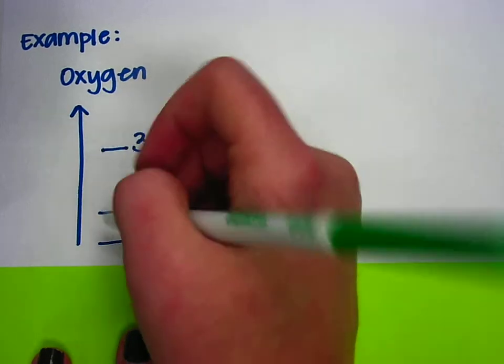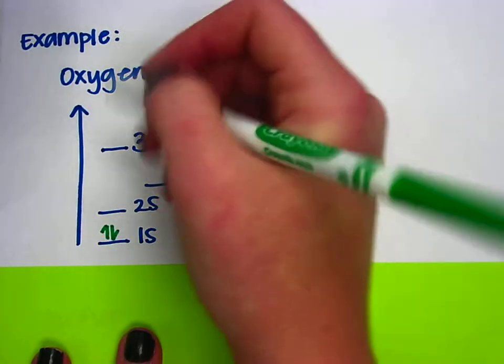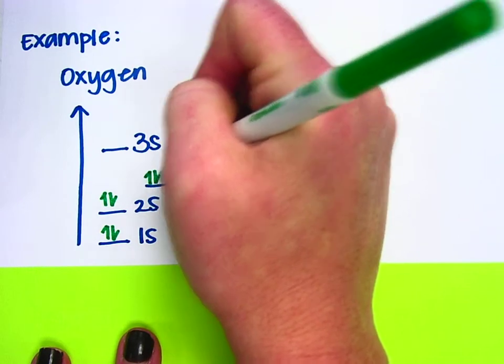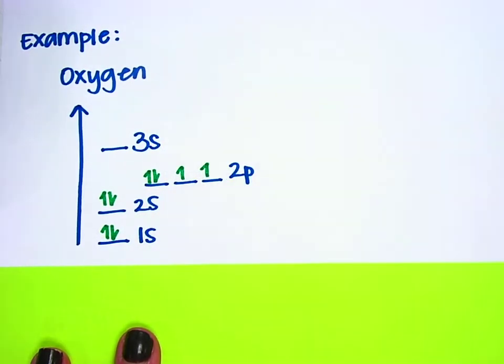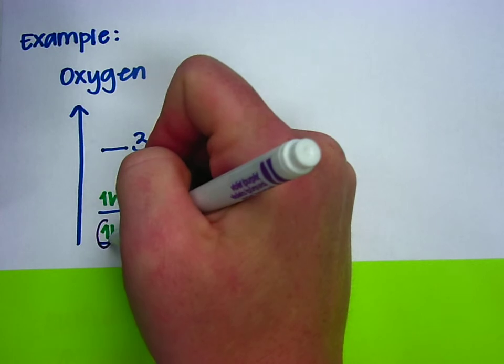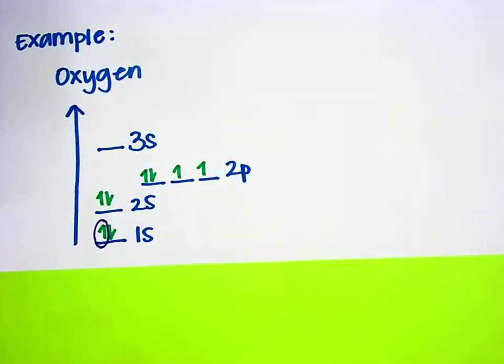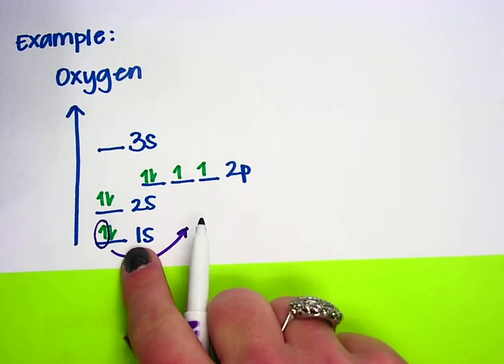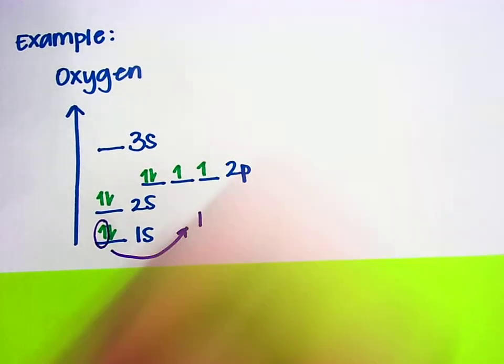Okay, so for oxygen, you should have 8 electrons if it is a neutral atom of oxygen. So this would be your electron configuration. And now I could ask you for any of these electrons to draw the quantum number. So for the first arrow we drew, this one right here, if I asked you to write its quantum number, you're going to start with the principal energy level, that number, so it would be 1.